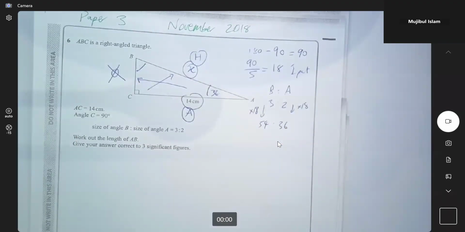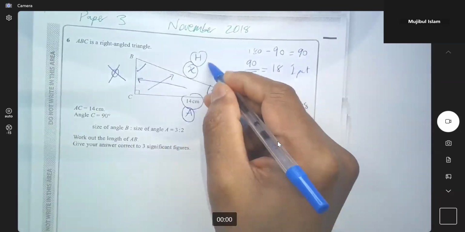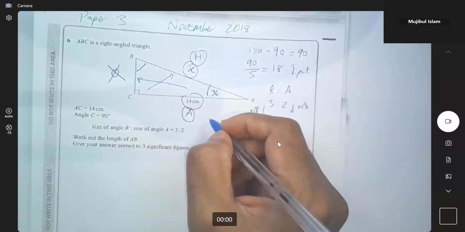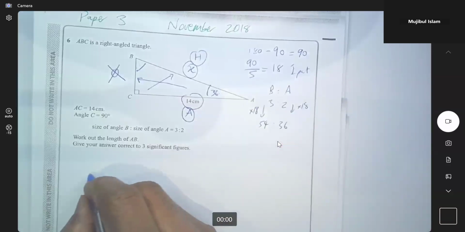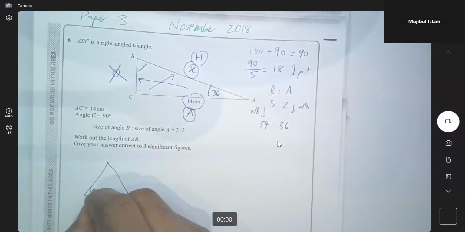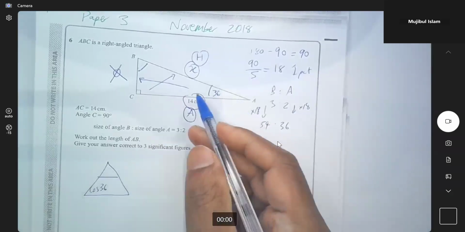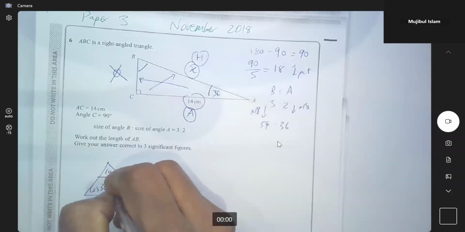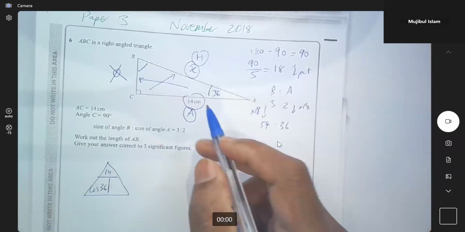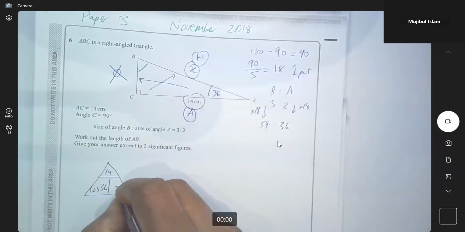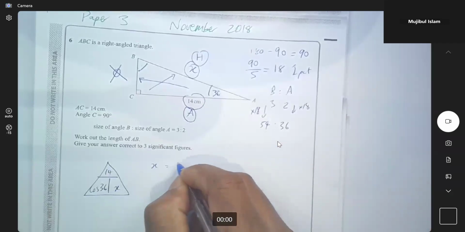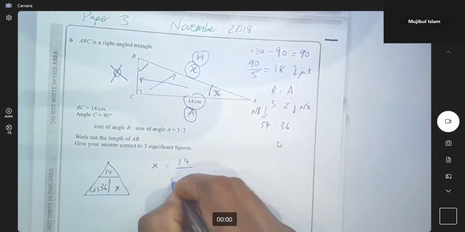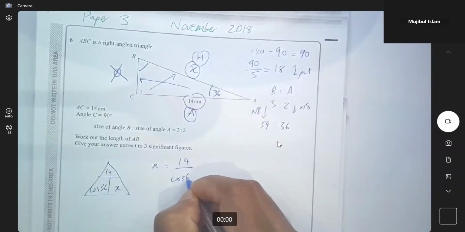So this becomes cos, CAH. So cos 36 equals adjacent 14 over X. So X is now 14 divided by cos 36.